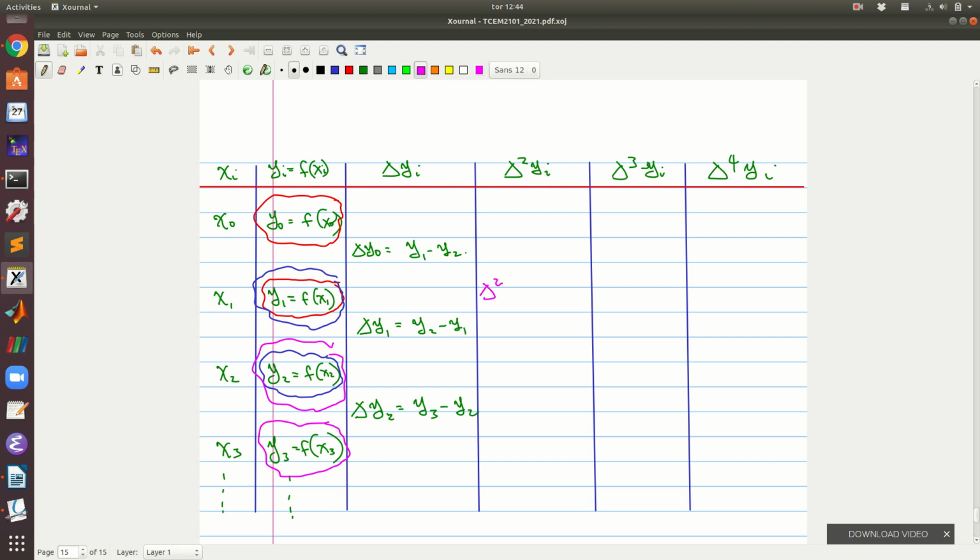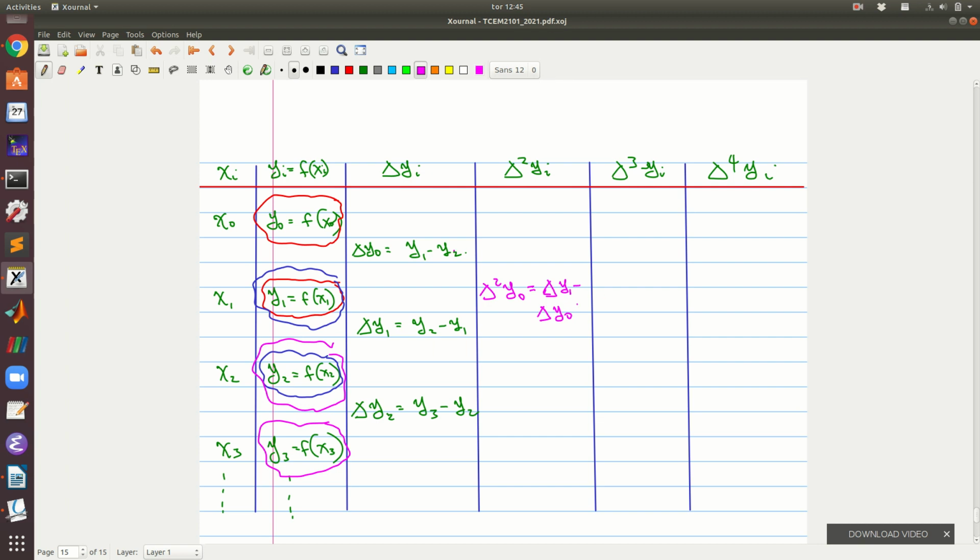The second forward difference at y naught is simply going to be the first forward difference at y1 minus the first forward difference at y0.